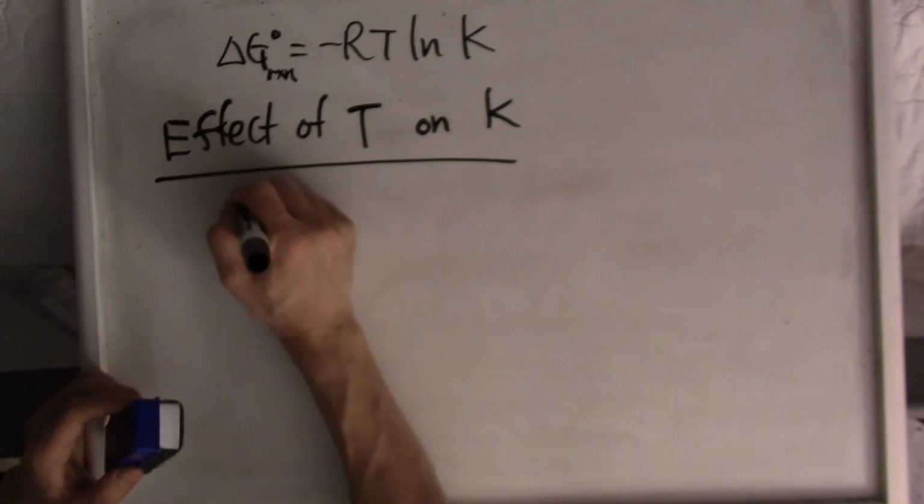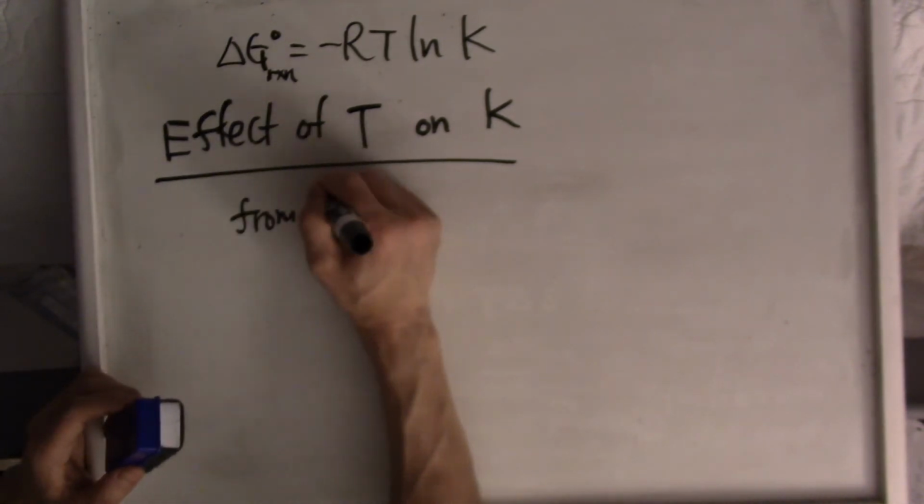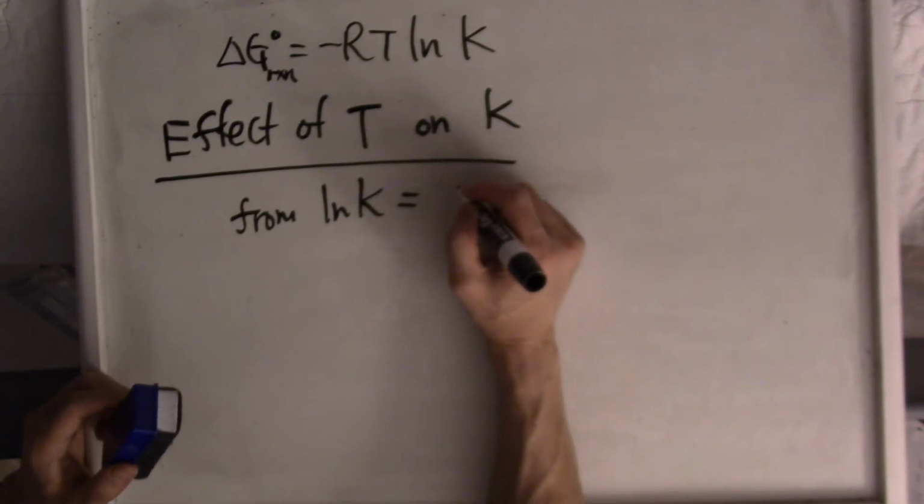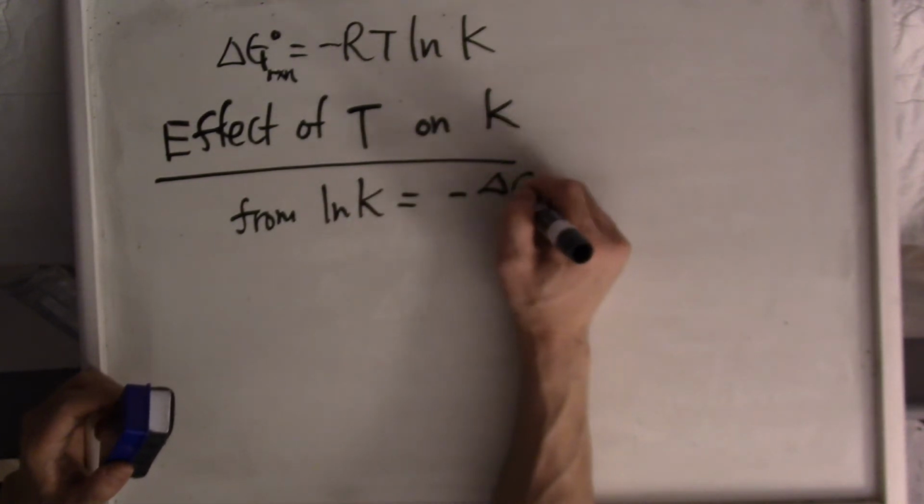From earlier, natural log of K is equal to minus delta G over RT.